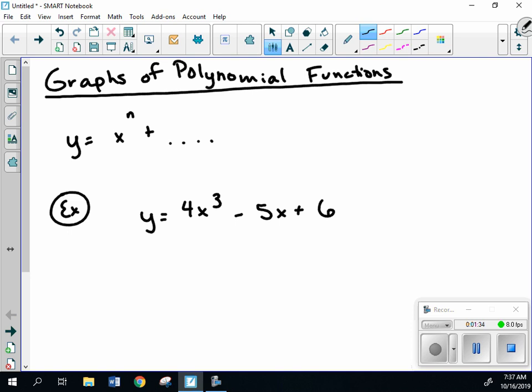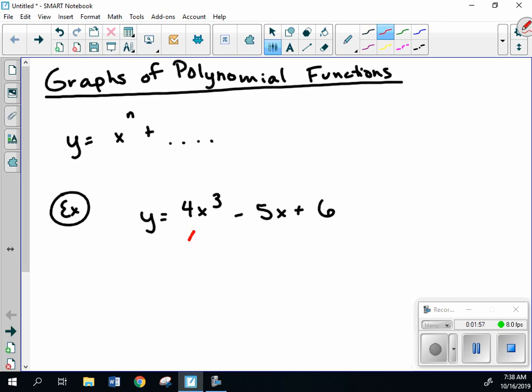This is what we considered standard form. Standard form is where your exponents go in order. So it's going in descending order. I have my x cubed first, and then my x, and then no x. Okay, so exponents going down all the way through.